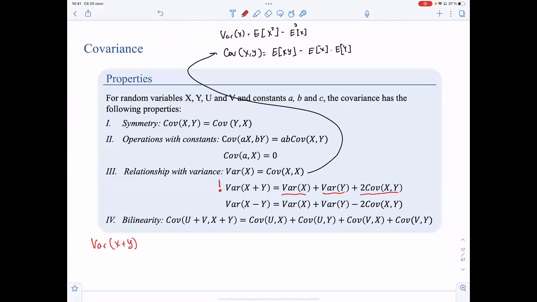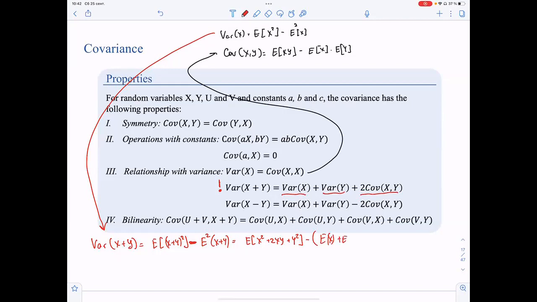I'm going to apply this definition. It is the expectation of the square minus the squared value of the expectation of the sum. That gives you an expectation of x squared plus 2xy plus y squared minus an expectation of x plus an expectation of y under the square.